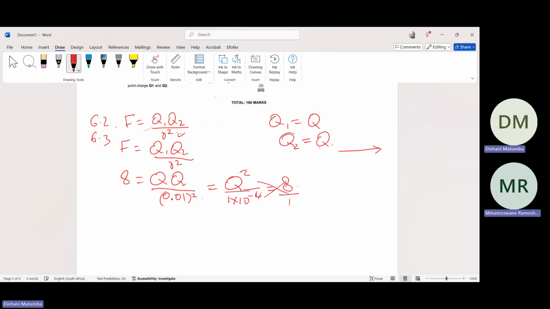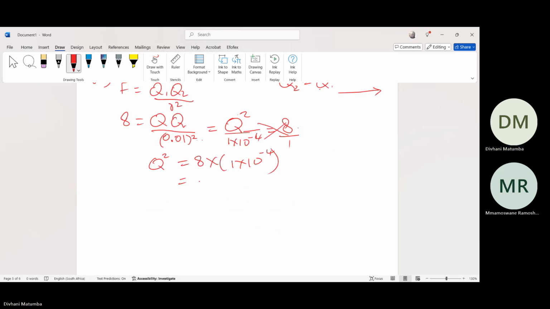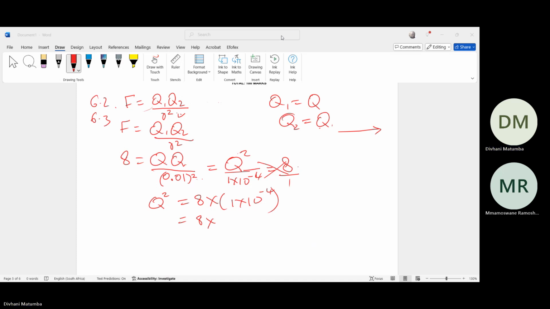So cross multiplication, we have Q squared equals 8 times 1 times 10 to the power of minus 4. So I have a question. Yes. What happened to the K? Oh, you're right. Yes, you are right.